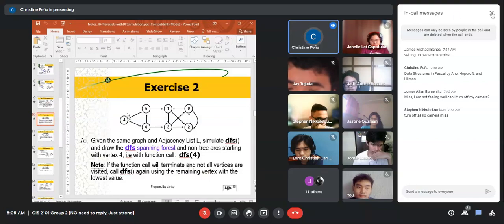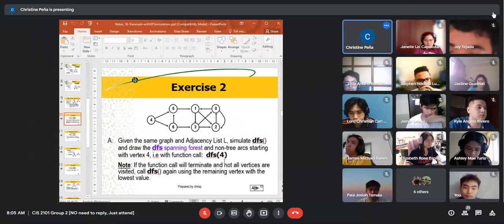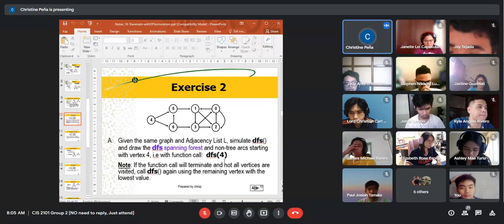I want you to see the differences. We are talking about the same graph, starting with the same vertex but with a different order of vertices. I want you to see if the output is different, but I assure you the output will be different. I will skip this, so you just do this on your own.